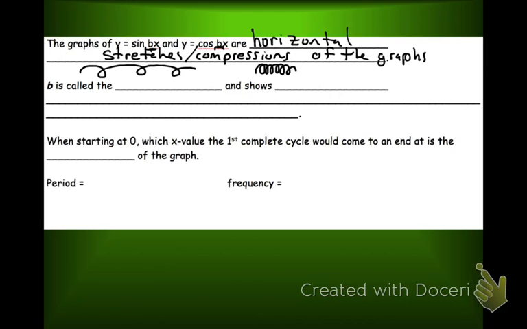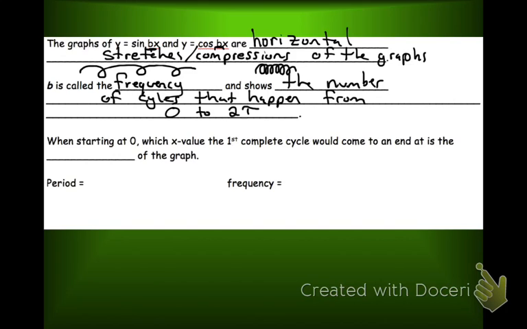So B is called the frequency. And it shows the number of cycles that happen from 0 to 2 pi.